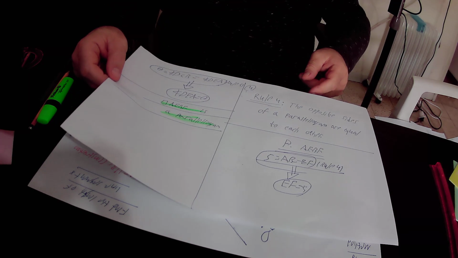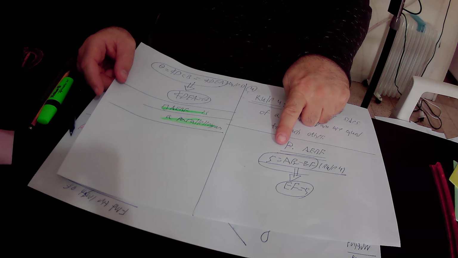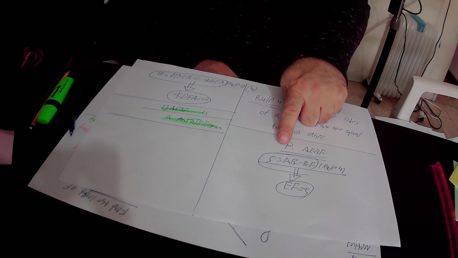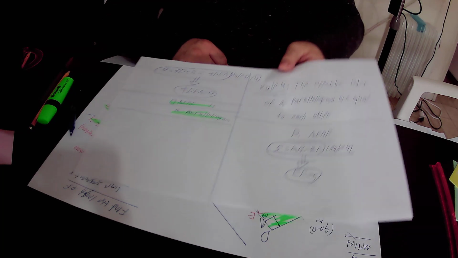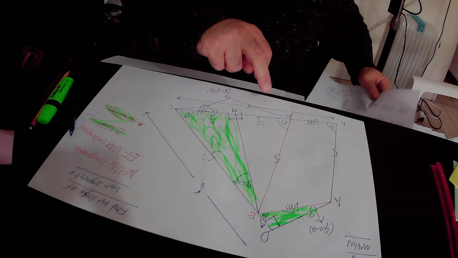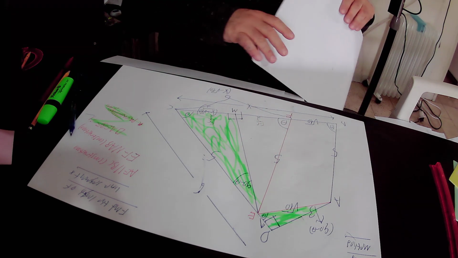So from the equation 5 equals AB equals EF, we derive that EF is also equal to 5 units.